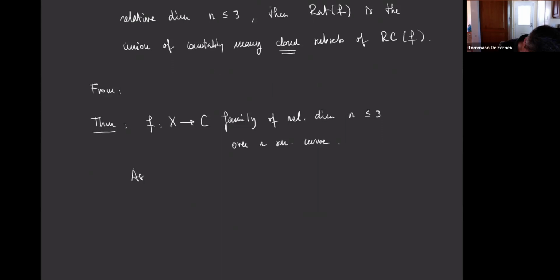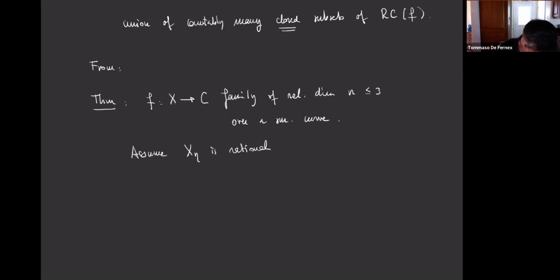So assume the generic fiber is rational over the field of the curve. Then for every closed point t in the curve, every irreducible component D of the fiber over t.